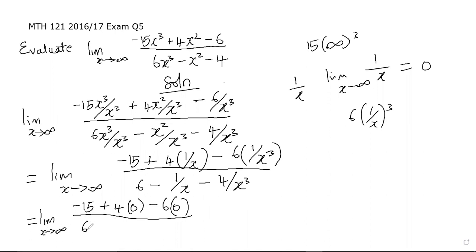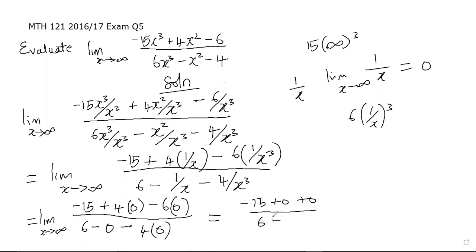In the denominator, 6 minus the limit of 1 over x, which gives 0 as x approaches infinity, minus 4 times the limit of 1 over x raised to 3, which will still give you 0. So finally, all you'll be having is minus 15 plus 0 divided by 6 minus 0.